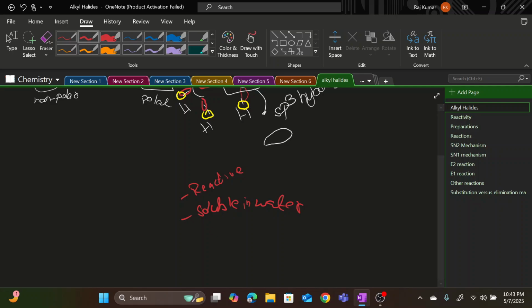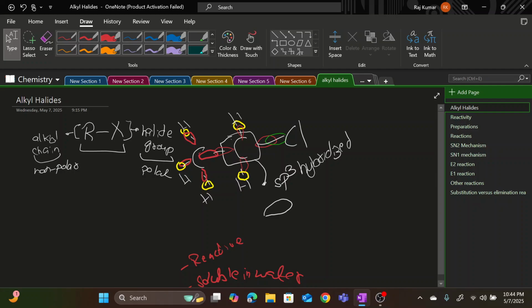What actually happens is that when we increase the number of carbon atoms, the polar segment is overpowered by the non-polar part, which makes the higher alkyl halides non-polar in nature essentially, and ultimately less soluble in water.